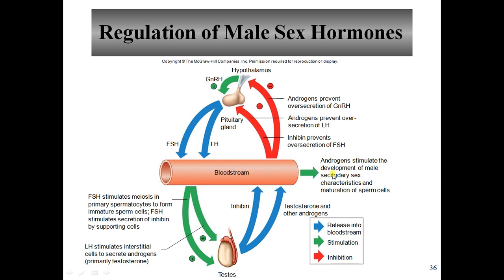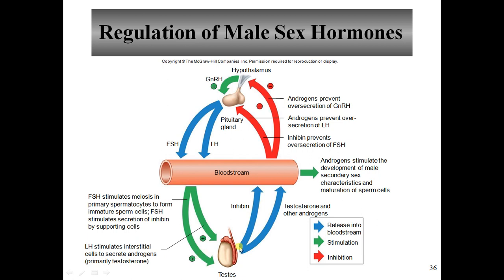Androgen stimulates the development of male secondary sex characteristics and maturation of the sperm cells. FSH also stimulates meiosis in primary spermatocytes to form immature sperm cells. FSH stimulates the secretion of inhibin by supporting cells. LH stimulates the interstitial cells to secrete androgen, primarily testosterone.